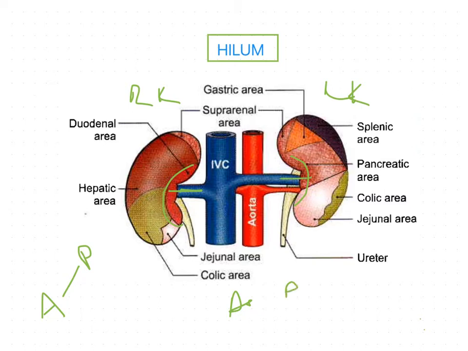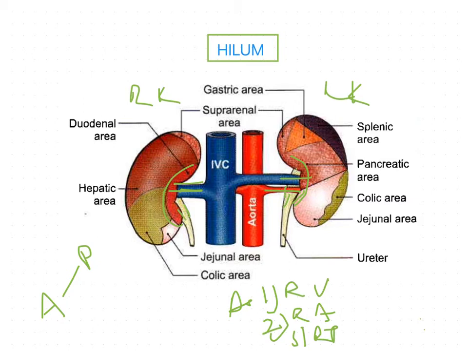Behind the renal vein you have the renal artery, and next is the renal pelvis. Behind the renal artery you can find the renal pelvis, which is nothing but the expanded upper end of the ureter.